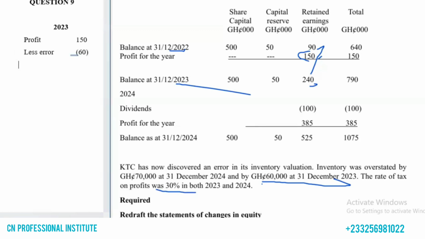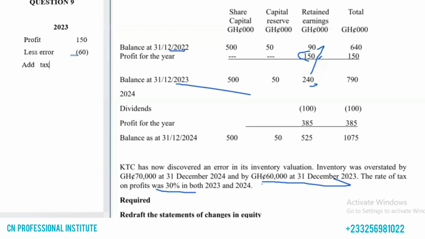Then the tax, here there's tax. You have a tax of 30%. So we said when you less the error, you add the tax. If we should add the error, we would have deducted the tax. But here we are lessening the error, so you have to add the tax. I explained this in the first video.